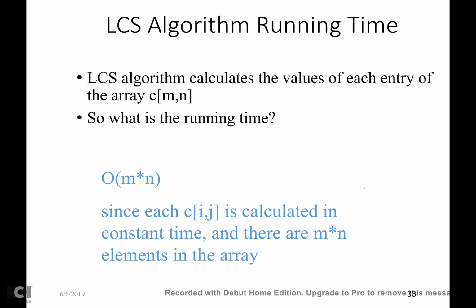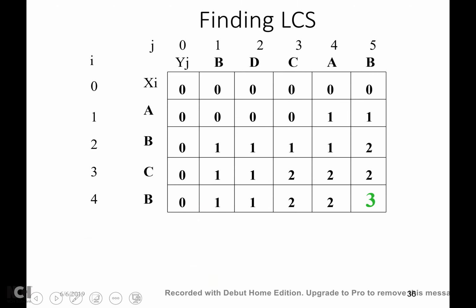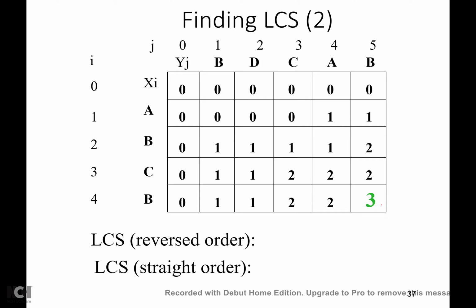After that, we need to find the actual longest common subsequence. Just knowing this number 3 is not enough. We have to find out the common subsequence. What we do is trace back, and check where the count, the number of matches, has increased. We trace back and find that this is different from the previous one plus 1.